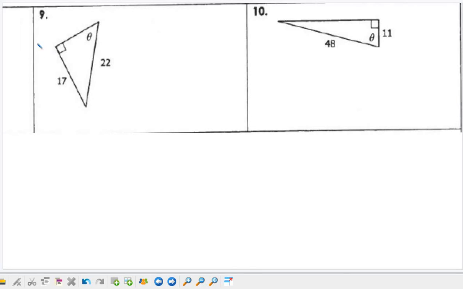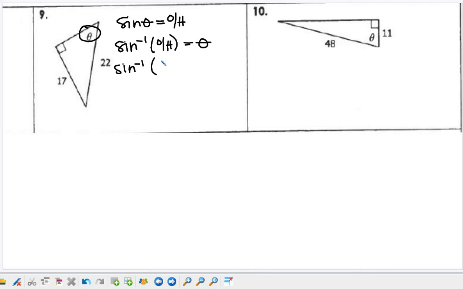Okay, number 9, so we're going to look at theta. I have opposite and hypotenuse. So that's sine theta is equal to opposite over hypotenuse, which means that inverse sine of opposite over hypotenuse is equal to theta. So sine inverse, opposite is 17 over 22, is equal to theta.